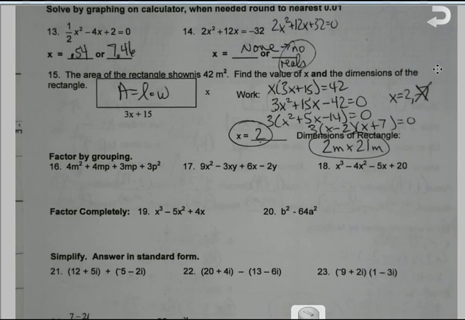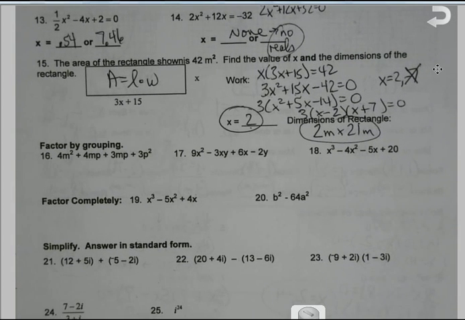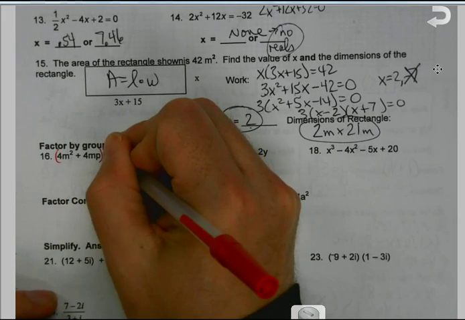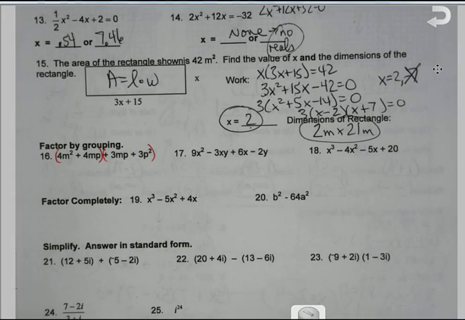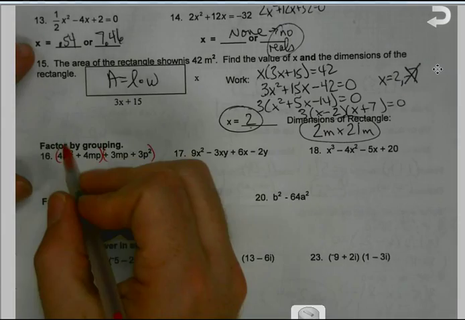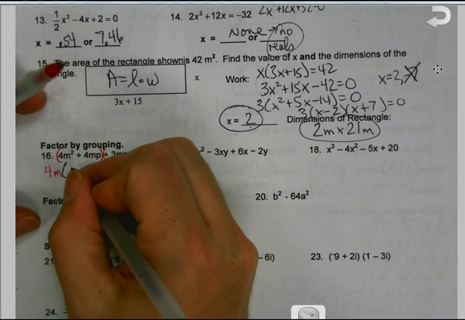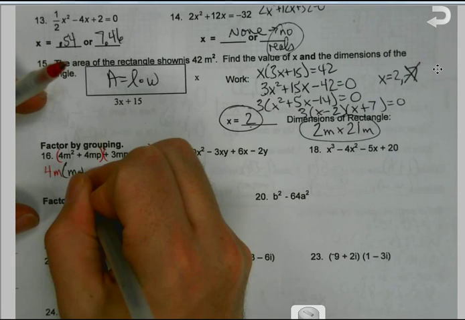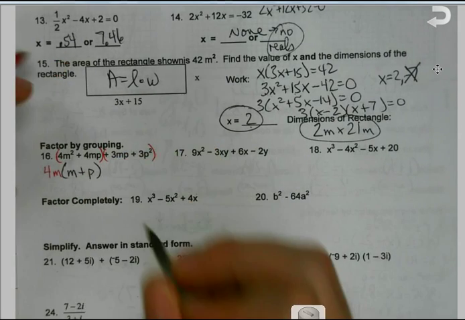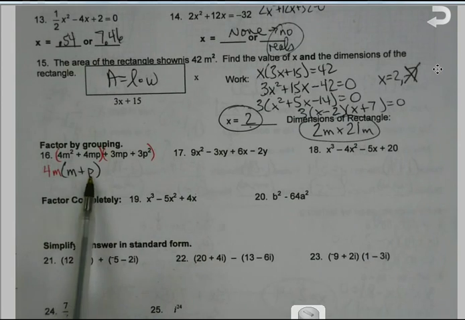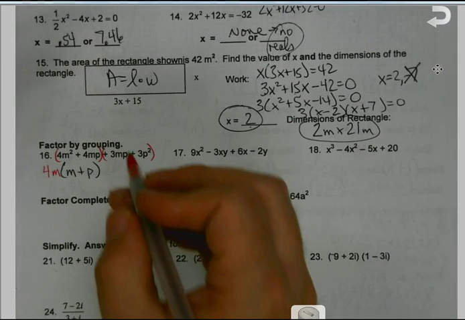A little more grouping like what we did last time with our factoring. Remember, when you're doing these, you're grouping them, like it says there, looking for the greatest common factor of each pair. So here I could take a 4 and an m. I'd have left an m. I already have the 4m there and a p. So if I did this right, my quantity, my set of parentheses, the m plus p, should be the same in the next one.